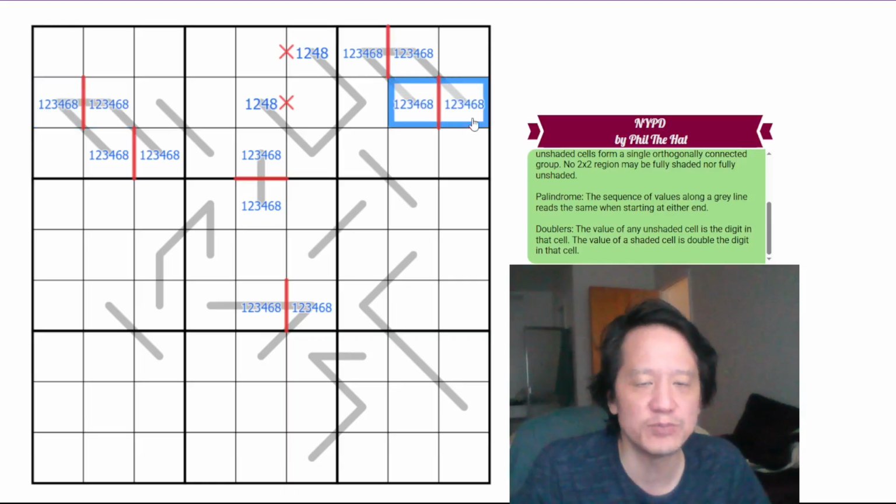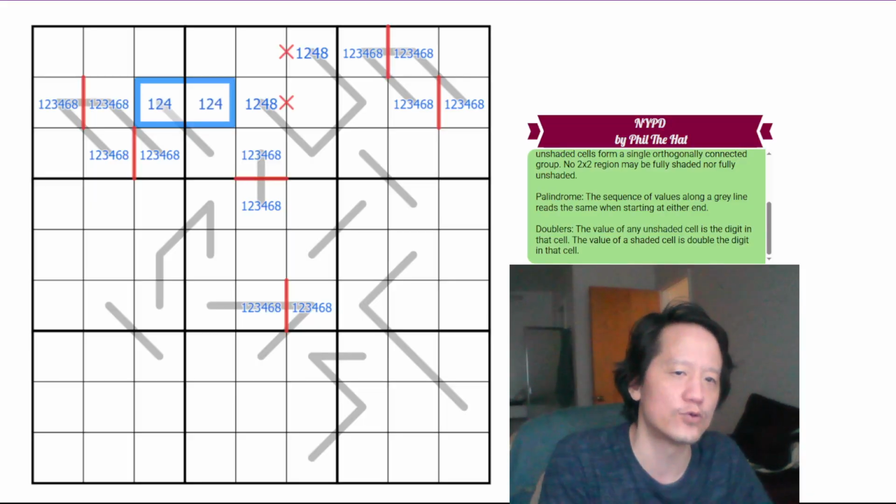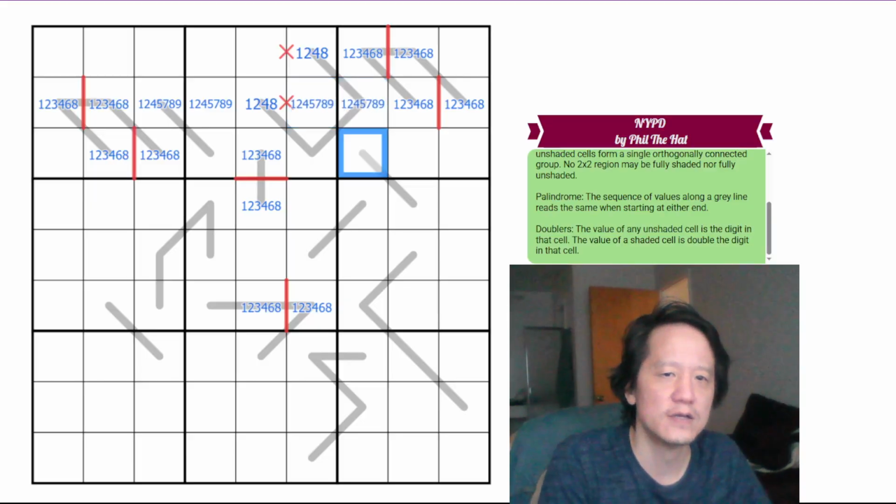One of these has to be 3 and 6. We don't know which, though. So the rest of the row cannot ever have 3 or 6. It's 1, 2, 4, 5, 7, 8, 9. Right?